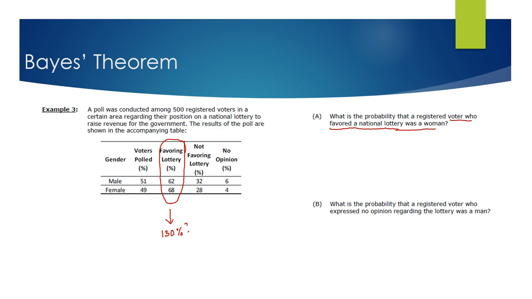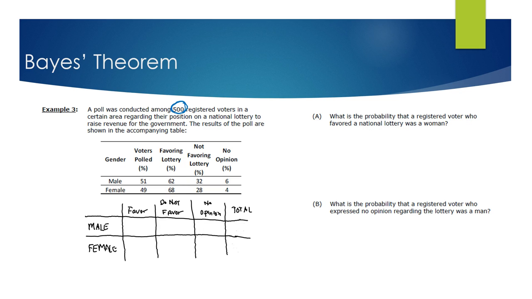If you're not careful about how you treat these as numbers, it can cause issues with the accuracy of your results. So to make my life a little easier, I'm going to construct a table where I split it between male and female, but I also have these groups: favor, do not favor, or no opinion.